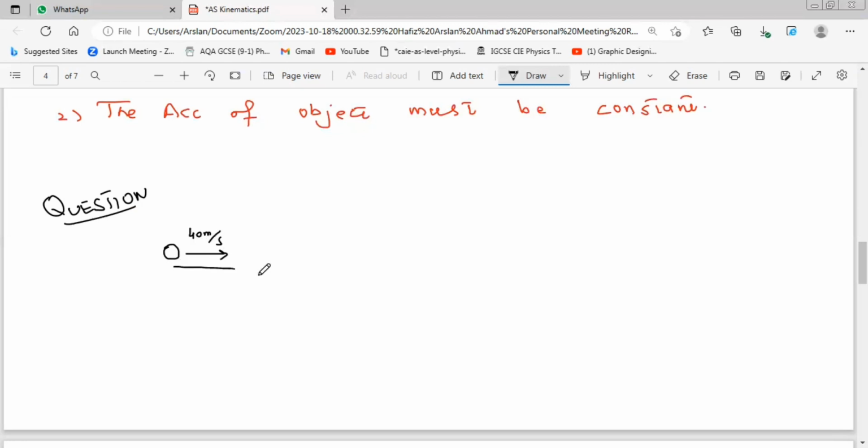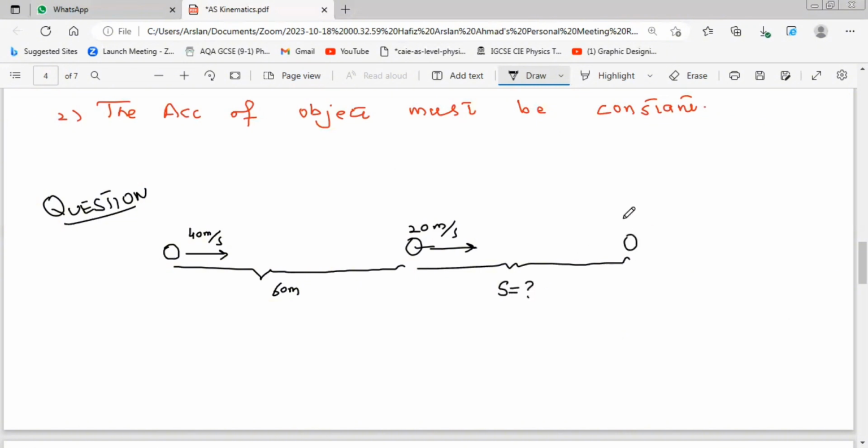After covering a distance of about 60 meters, its speed decreased to 20 meters per second. And after what distance is its speed zero? I mean, it comes to rest. After what distance? We'll find this distance.